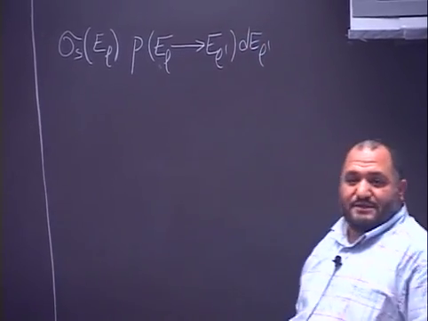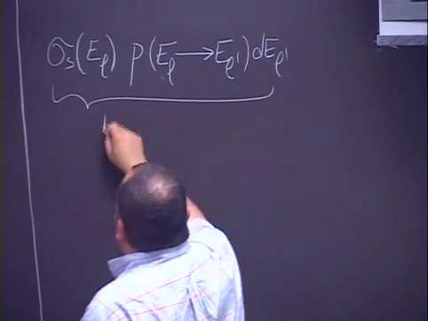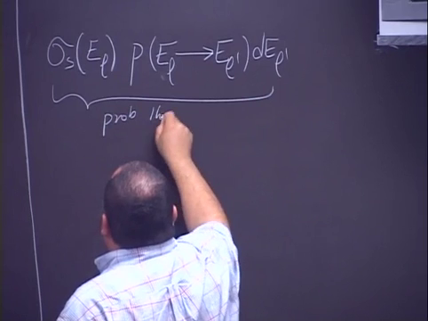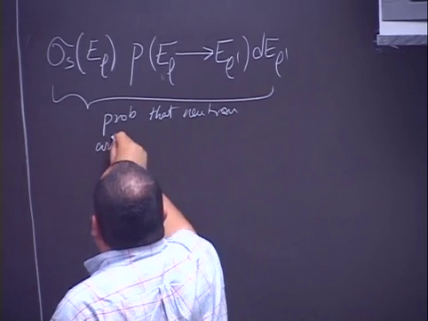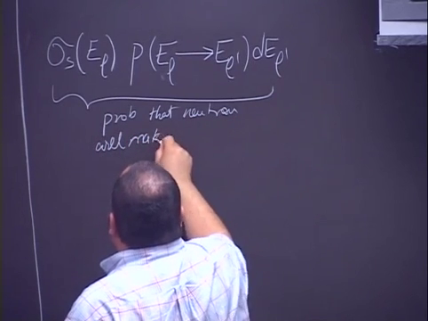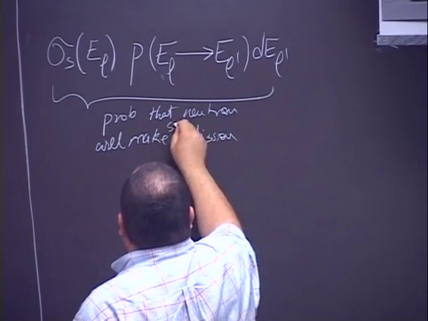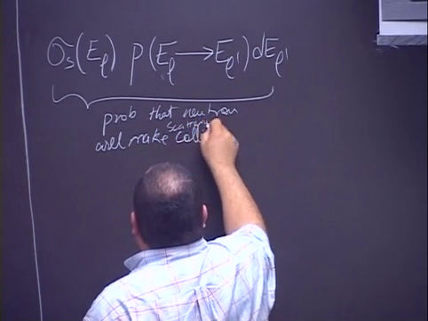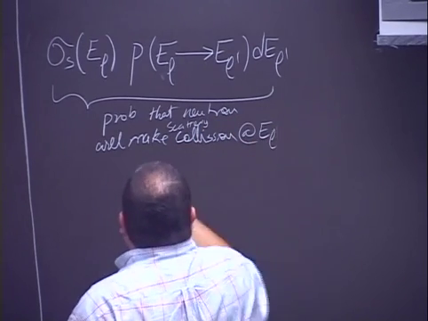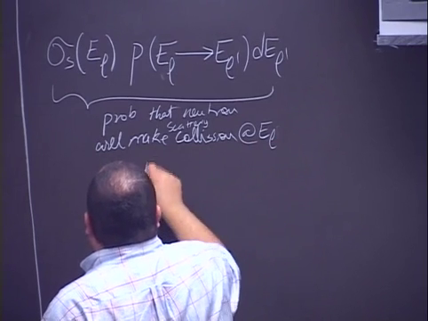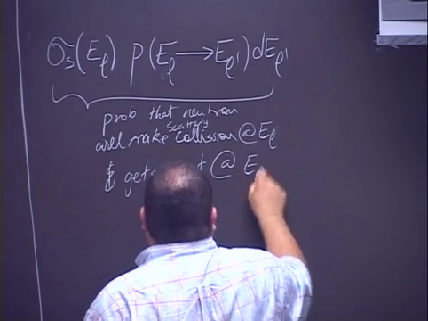What does this mean? This is the probability that the neutron will make a scattering collision at EL and get out at EL prime.